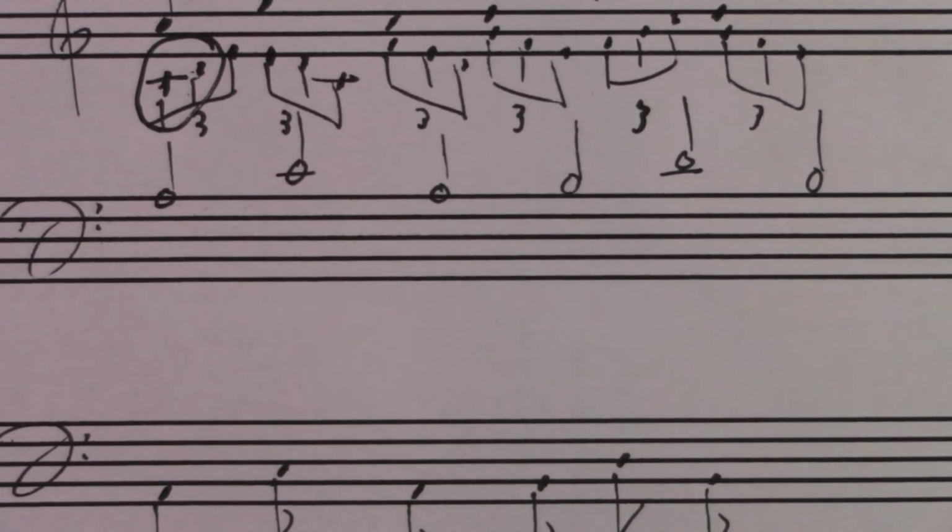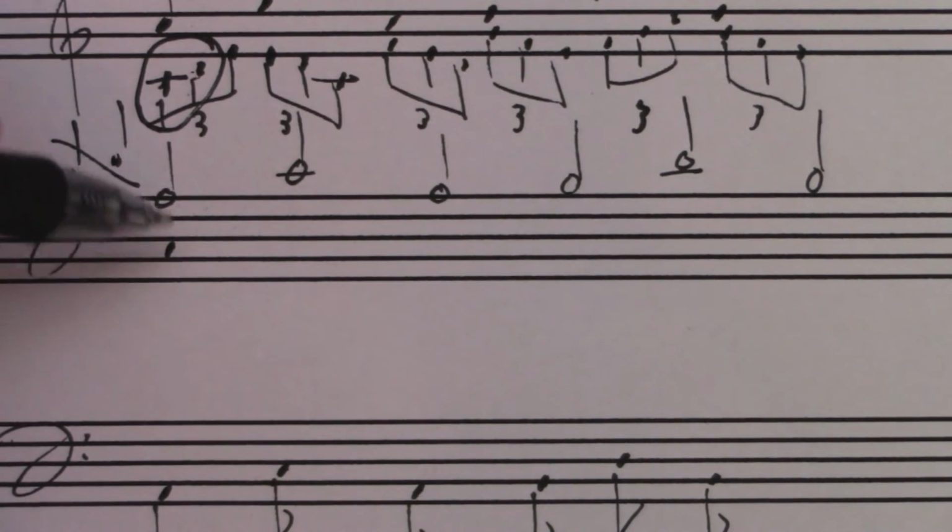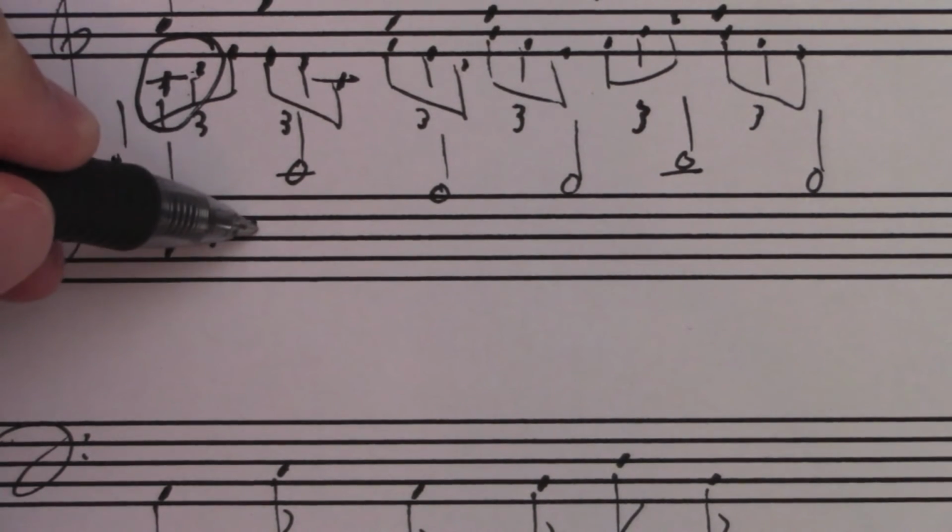Okay. So if you wanted to divide a half note into triplets, first of all, what kind of notes go into a half note? If you said 2 quarter notes, you would be correct. Therefore, if we are going to do triplets for this half note, we would do 3 quarter notes.